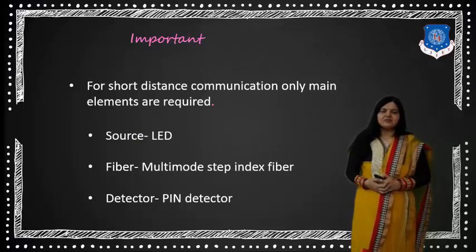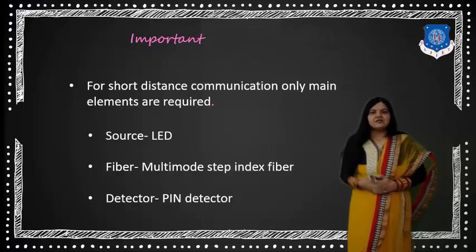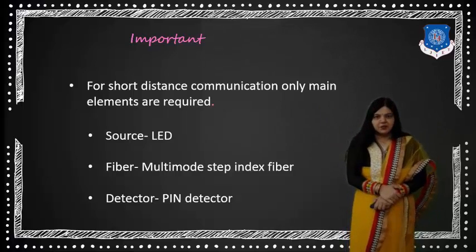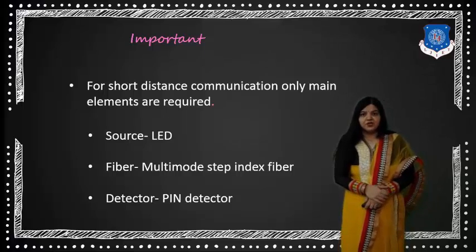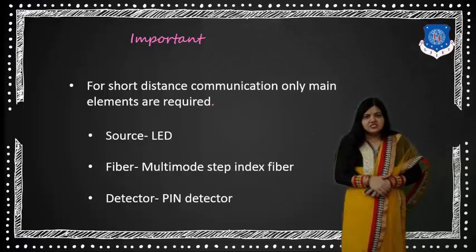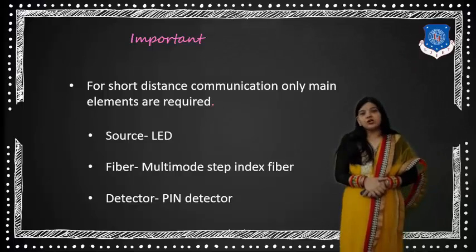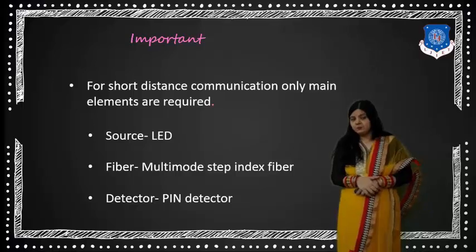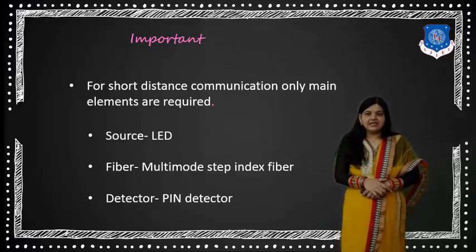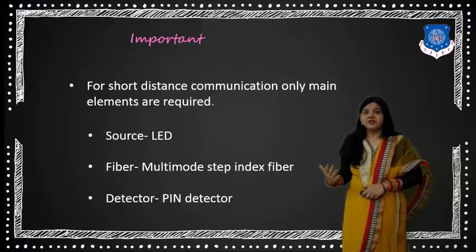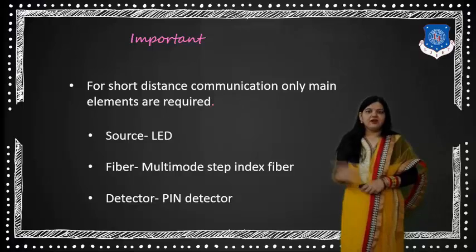So now some important points to remember, for short distance communication and long distance communication. In short distance communication, the sources required for converting the electrical input signal into the light form are LEDs. The fiber we need to use is a multi-mode step index fiber.